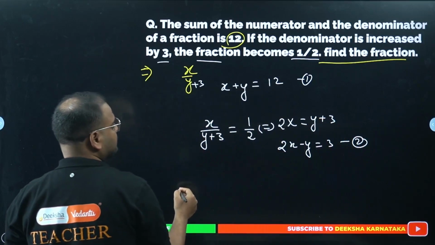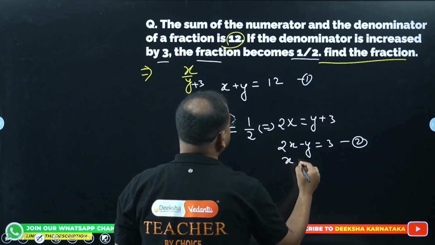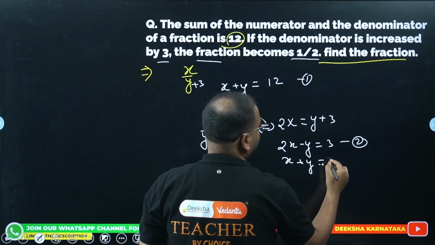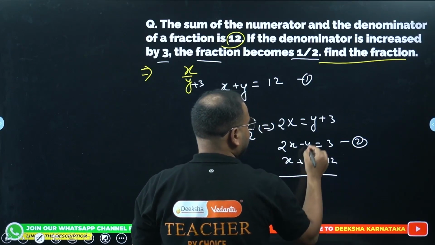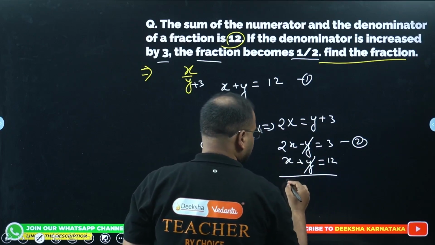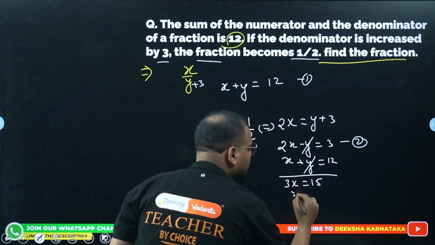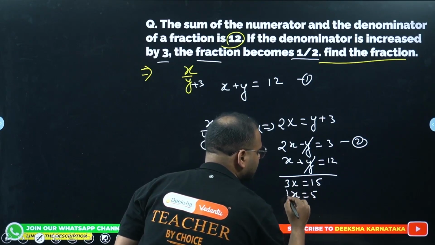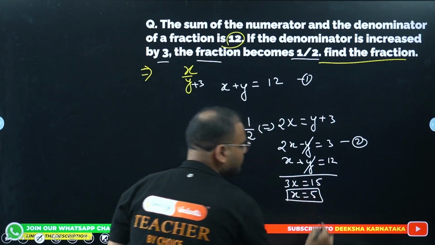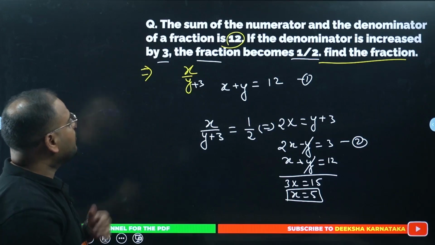Add 1 and 2. I have x plus y equal to 12. Add them, y cancels out. This will be 3x equals 15, so x equals 5. Put it in this equation.